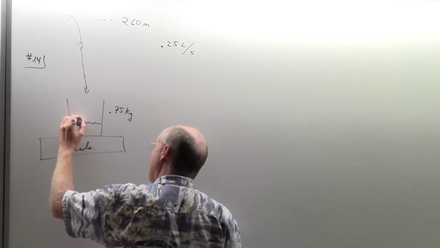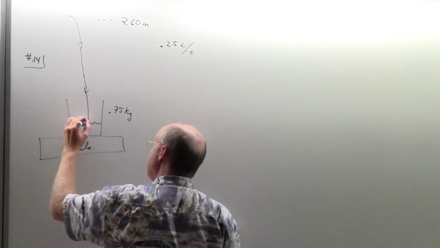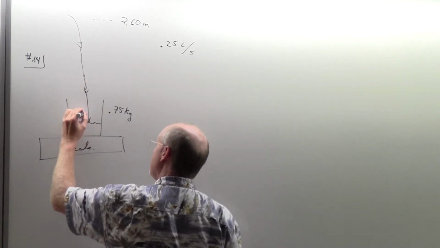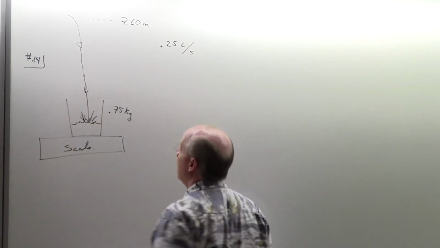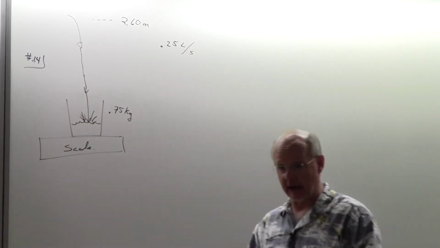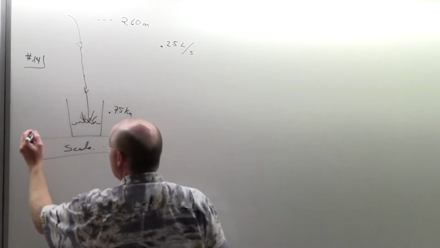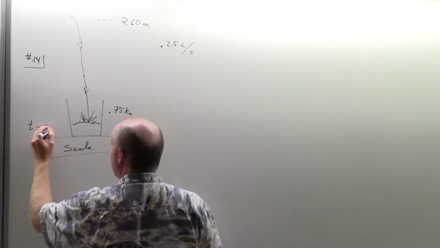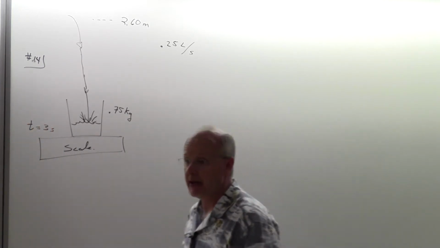Now, after a given period of time, of course, the bucket's going to have some water in it. And it does say after 3 seconds. So we start with an empty bucket at time equals 0. And I wonder if they mean time equals 0 when the water starts falling, or 0 when the first little bit of water hits the bucket.